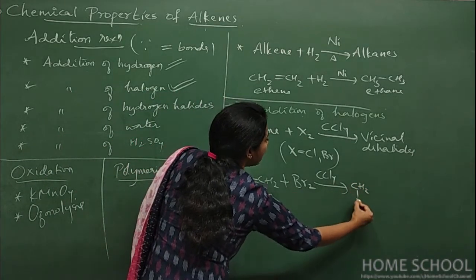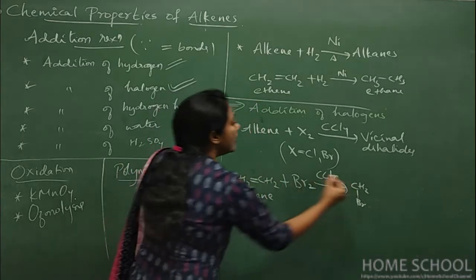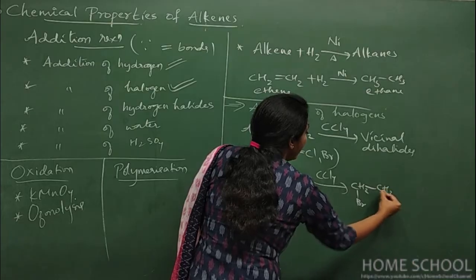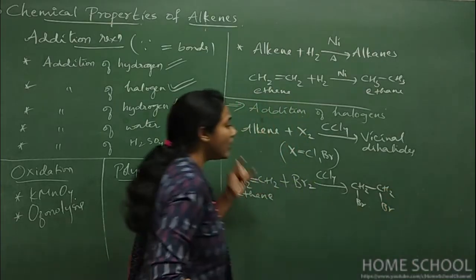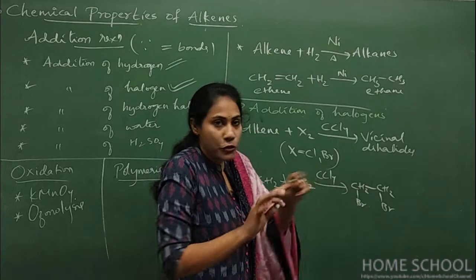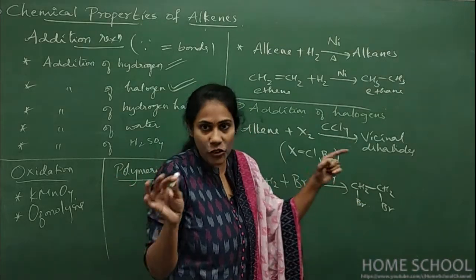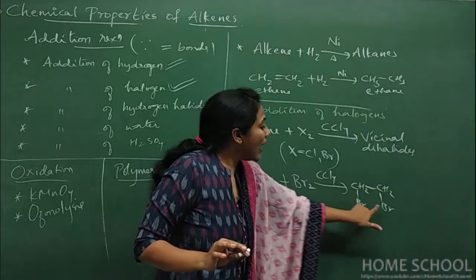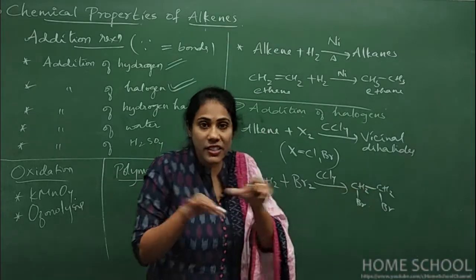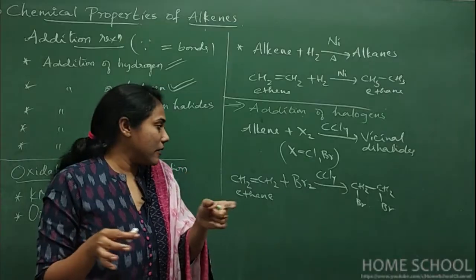CH2Br, one Br added to one carbon. The double bond becomes a single bond, and this is CH2Br. See here, it is actually an alkyl halide. That means on a two carbon chain, two halogens are attached to adjacent carbons, adjacent in the sense of side to side carbons.